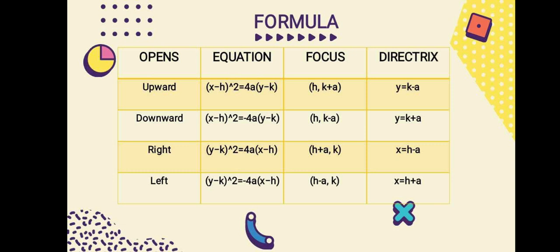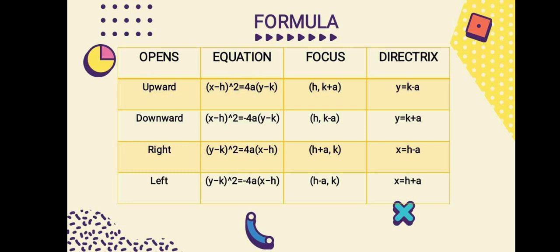Next is the directrix. If the sign in our focus is positive, then the directrix is negative. For example, for upward, the focus is (h, k plus a), so the directrix will turn negative: y equals k minus a.